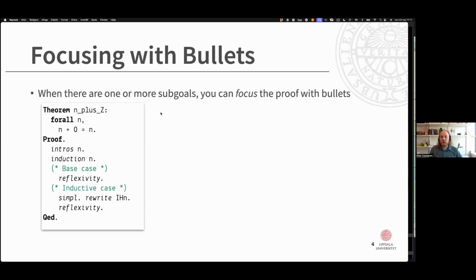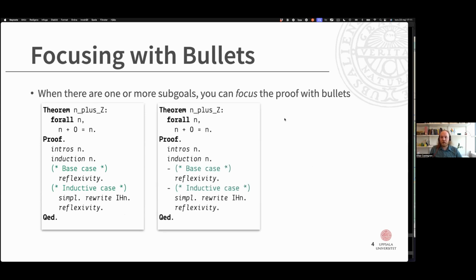And if you want to, you can focus the proof. And when you focus the proof, you write one of these bullets, for example, the minus here. And that means that we're now zooming in and looking only at this particular sub-goal. And when this goal is finished, then you need to use the same kind of bullet in order to do the next one.